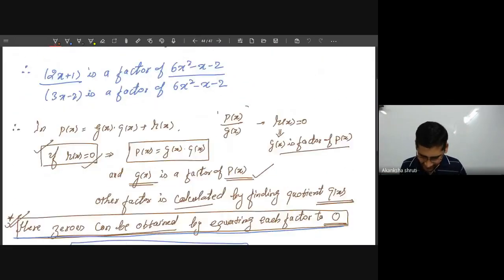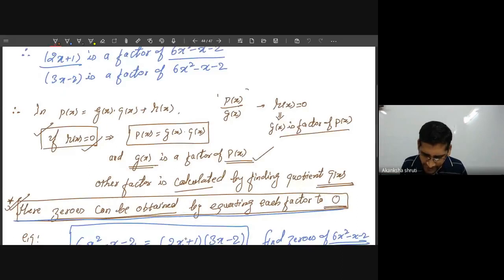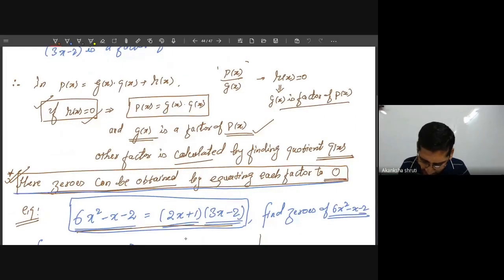then it is not a multiplier. So whatever we have learned here, if Rx equals 0, then Px is equal to Gx into Qx, the same thing. So Gx is a factor of Px. The other factor can be calculated.